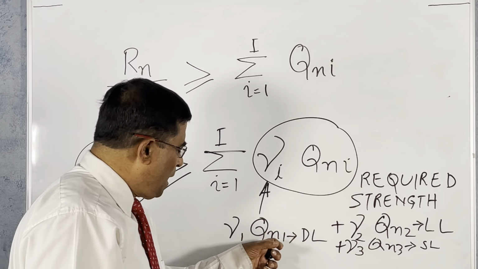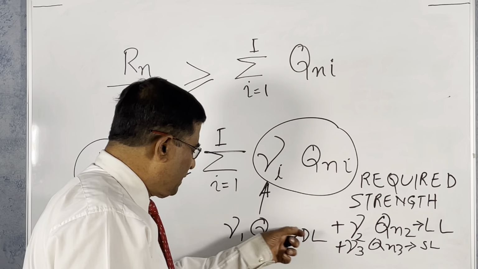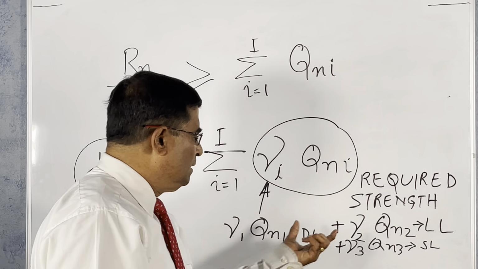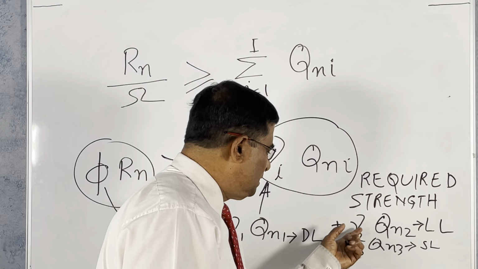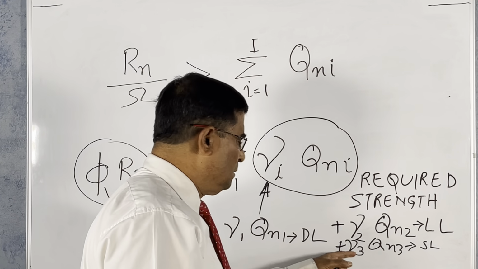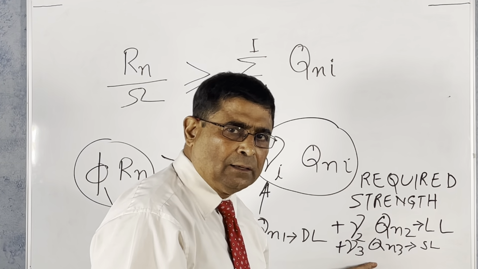So that means you are multiplying this gamma with the dead load design strength, live load design strength, but these values are different. They may be equal, but not necessarily they will be equal.